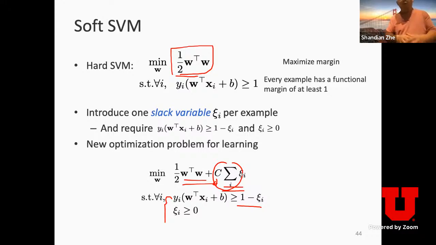We want the number of data points which can be excluded and break into the margin to be as small as possible, so that we can reduce the training error. And meanwhile, of course, for the remaining data points, we still want to maximize the margin. So by adding these two terms together with a trade-off hyperparameter C, we can seek the trade-off between how many data points can be excluded for margin maximization, which increases the training error, and the margin maximization.